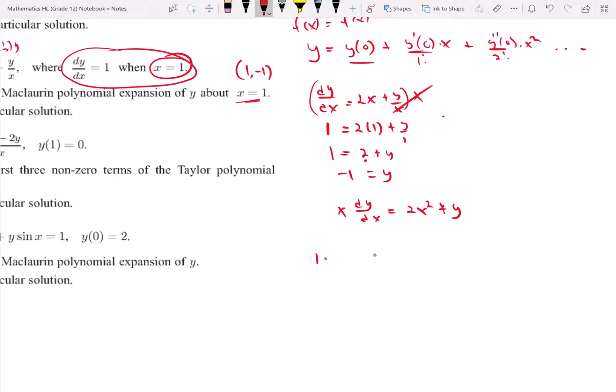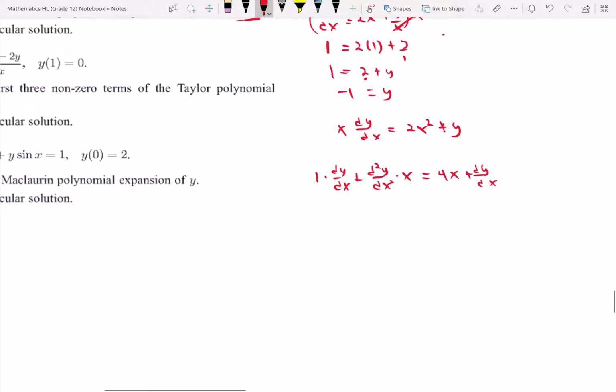It's going to be 1 times dy dx plus the second derivative times x. The right-hand side would be 4x plus dy dx. Simplify a little bit: subtract dy dx on both sides, and it will go away, and you get this.